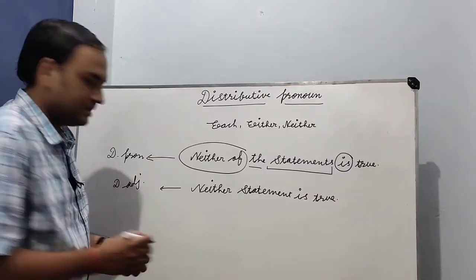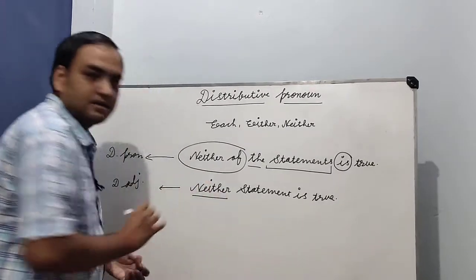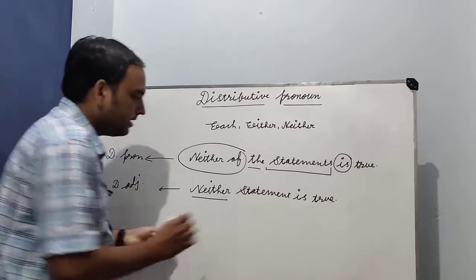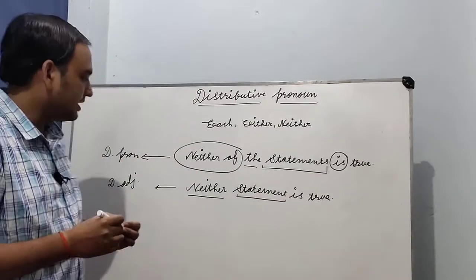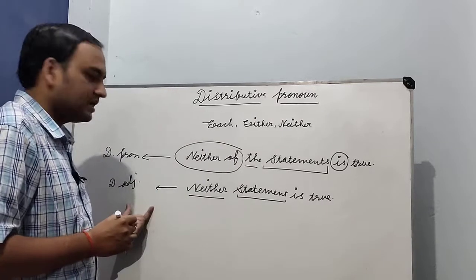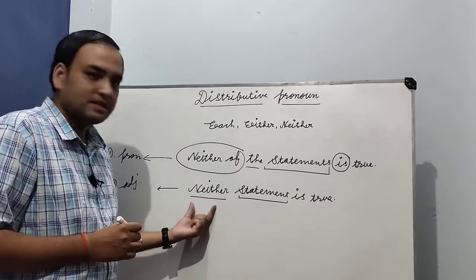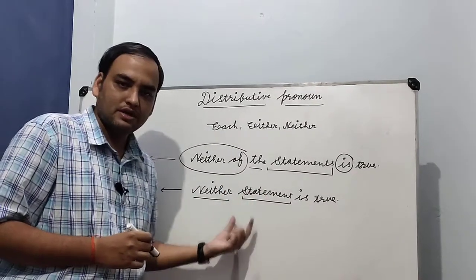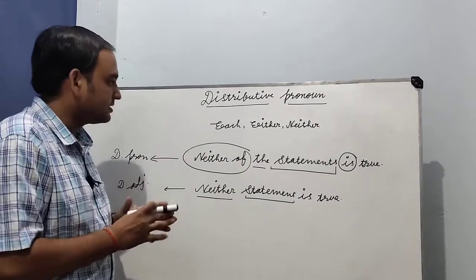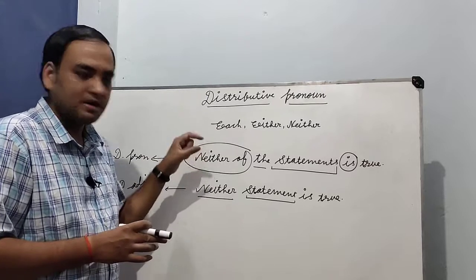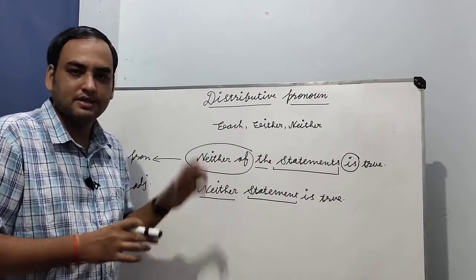What is the difference here? Here we are using neither as an adjective and this is a singular noun. So in case of a distributive adjective we use this adjective before a singular noun. Okay, so this is the difference between a distributive pronoun and a distributive adjective.